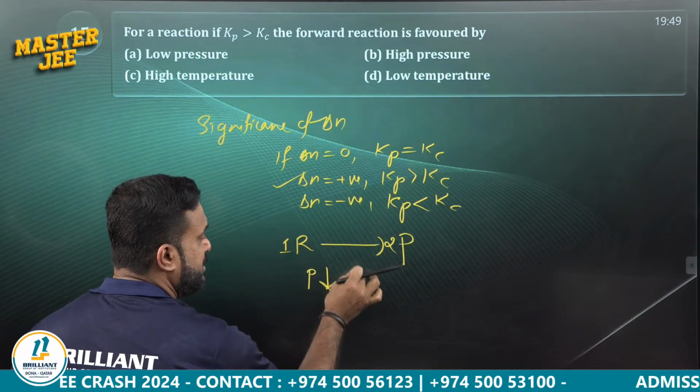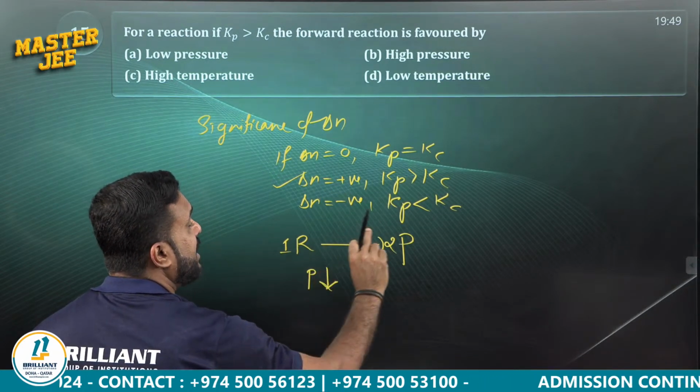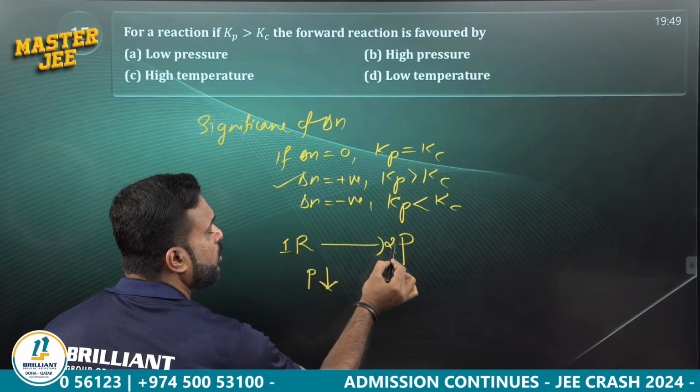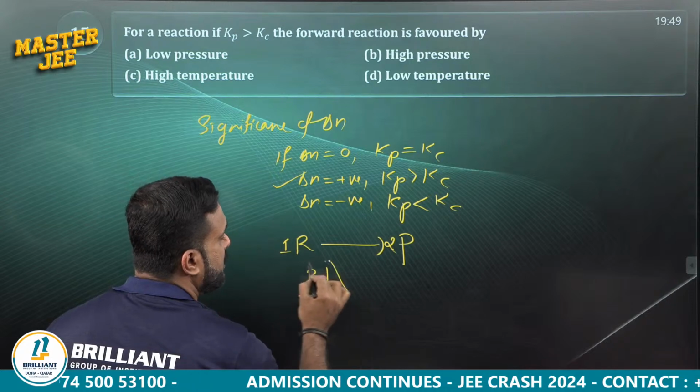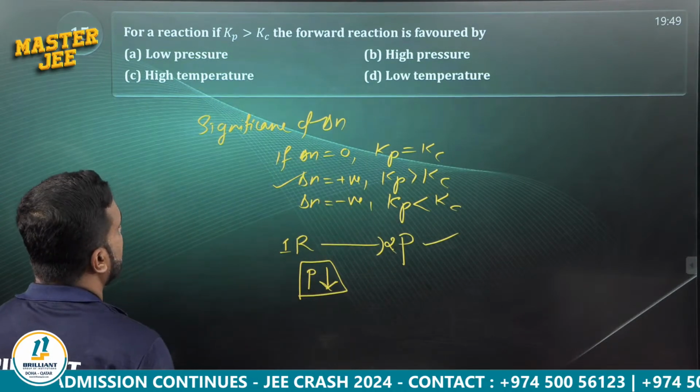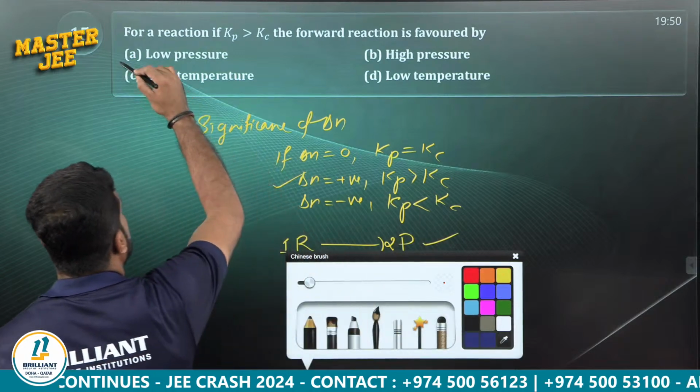During the forward reaction, 1 mole is converted to 2 moles. So whenever you decrease the pressure for this type of reaction, the forward reaction will be favored. So the correct answer is low pressure.